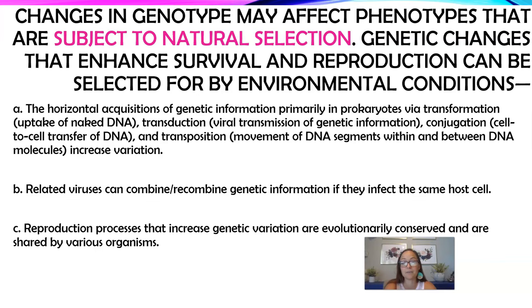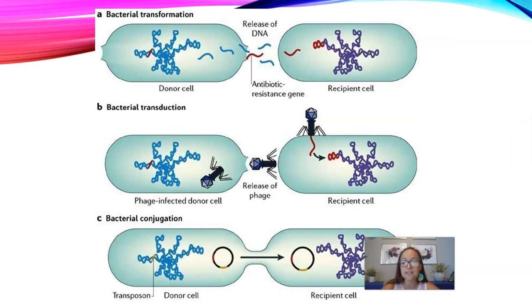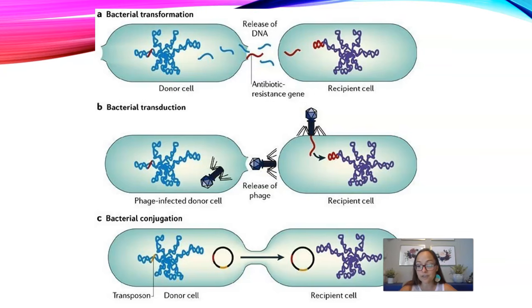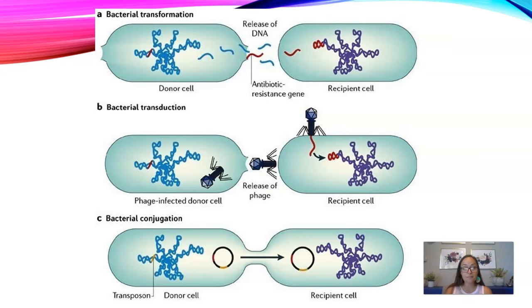But here we talk a bit about genetic changes that enhance survival and reproduction can be selected for by environmental conditions. So this really is like Unit 7 and natural selection. But here Part A is talking about prokaryotes and how they can acquire genetic variation that can then be acted on by natural selection.